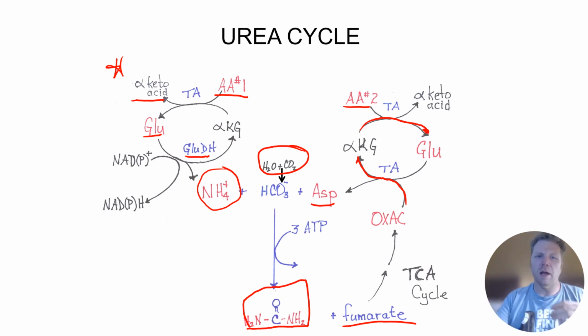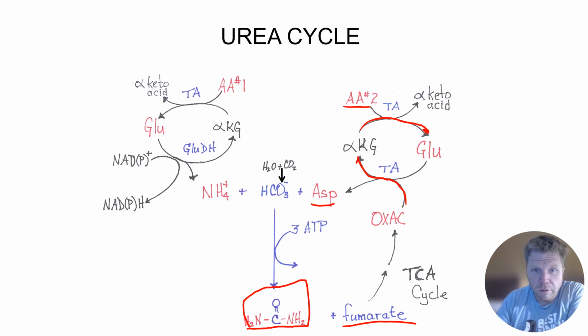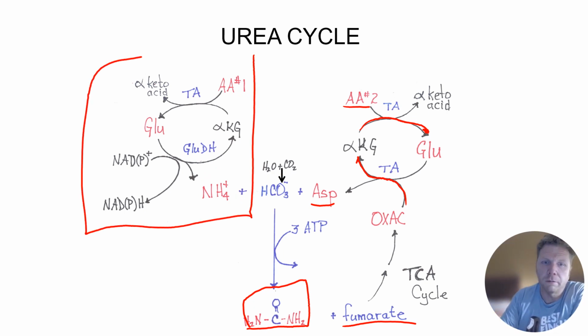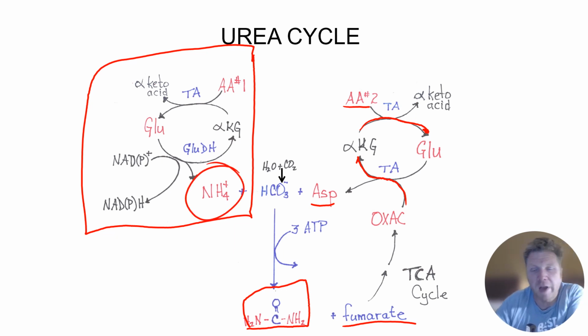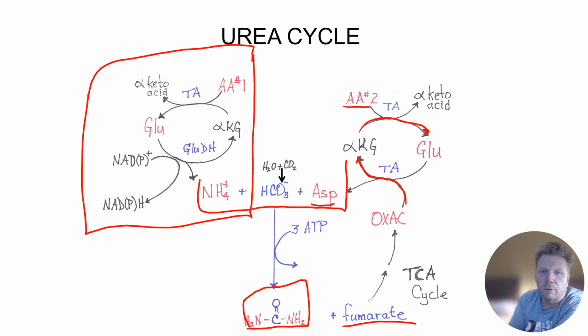This is something that I would recommend processing as individual components over a series of a couple of days. For instance, the first thing that I would get straight is this chunk right here, just because that's kind of the easiest part to do, and you've got a natural stopping point if you've got to get that nitrogen, that NH4, into the mitochondria. Now that NH4 is kind of a part of another block.